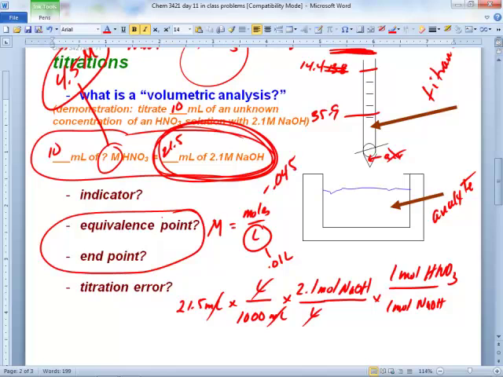So we're adding this NaOH. It reacts with the analyte, the HNO3. Did it react with the, what do we call this, did it react with the indicator too? Yeah, it did. This is an acid.